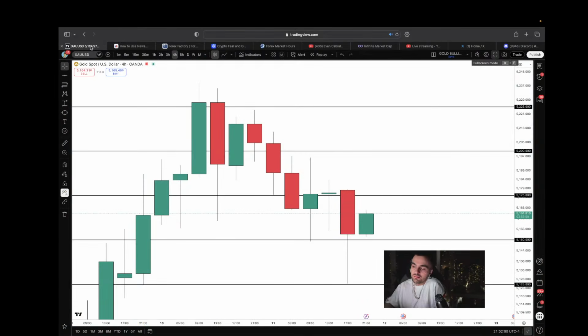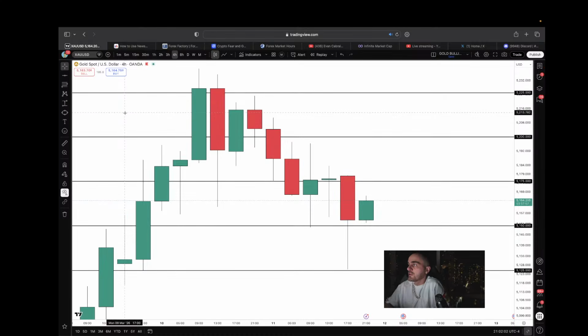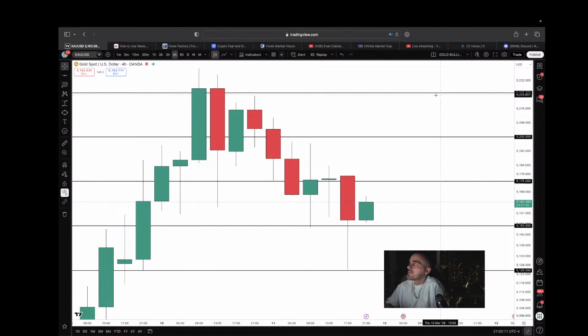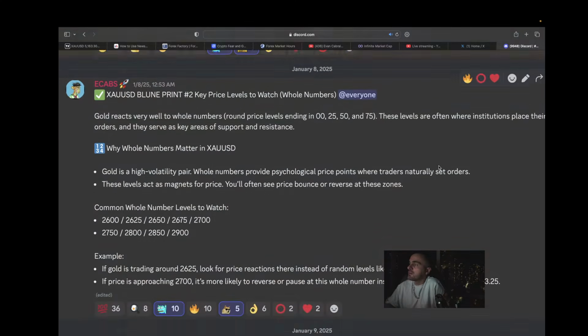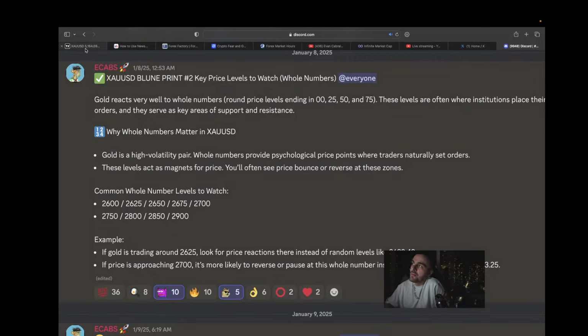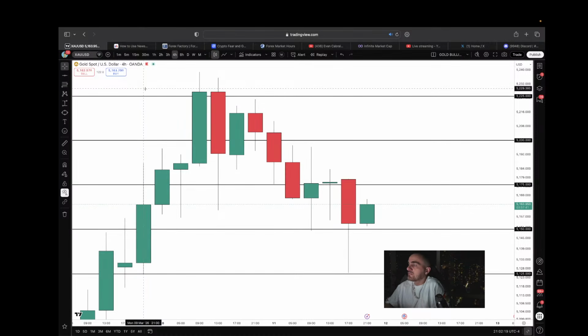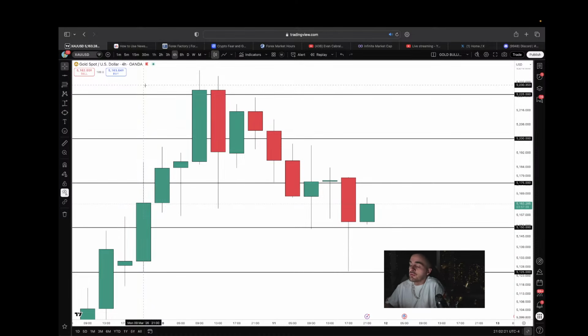So chart, boom, this is the chart here. You can see my chart. From the top to the bottom of the chart, there's some horizontal lines marked. It's good to just keep these levels marked on your chart. Even this morning I was looking for buys around 51.75.